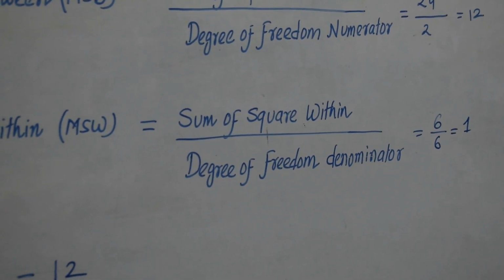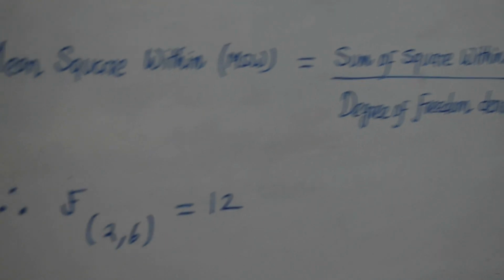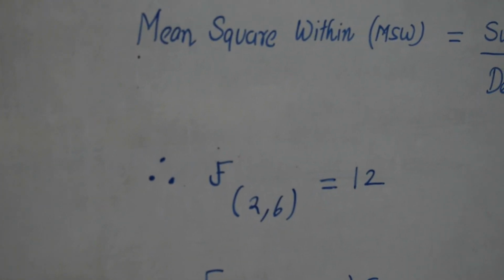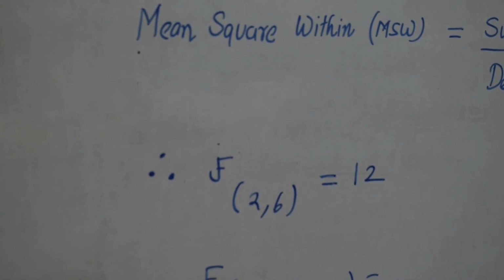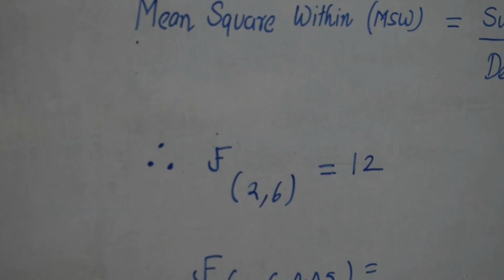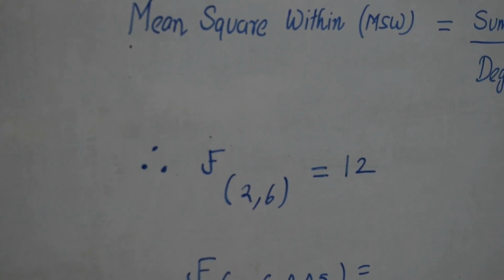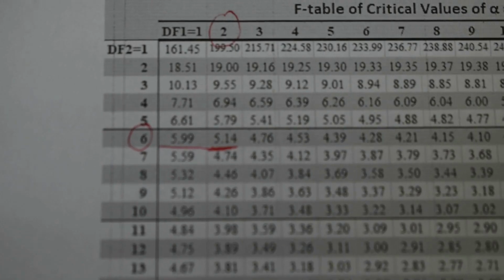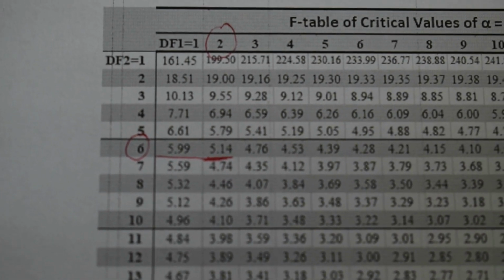So 6 divided by 6 is 1. So the F-test calculated value for 2 degrees of freedom of numerator and 6 degrees of freedom of denominator is 12.